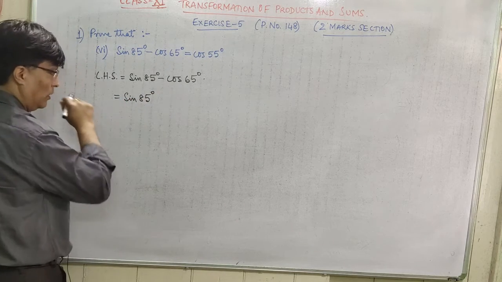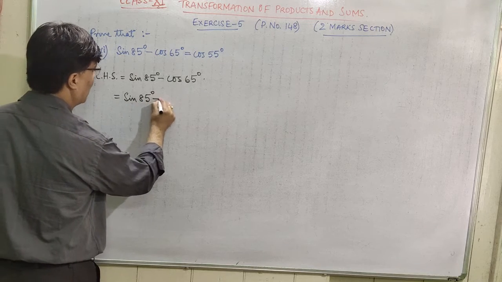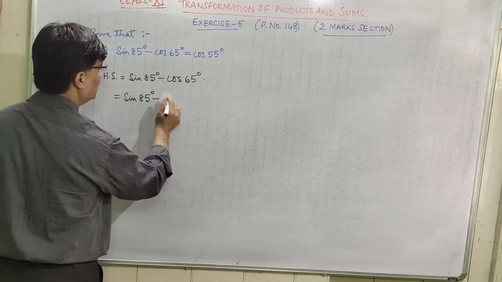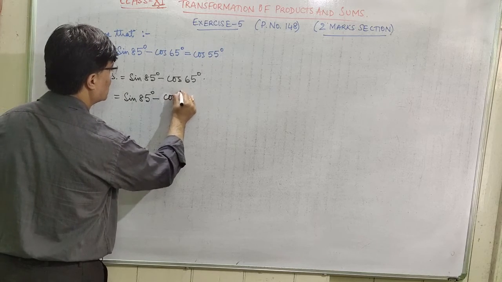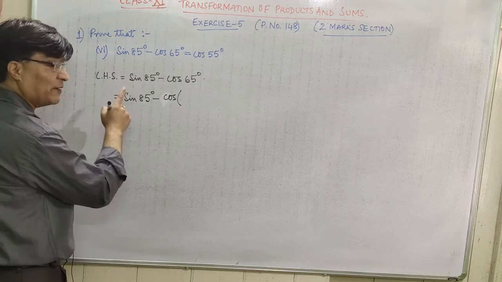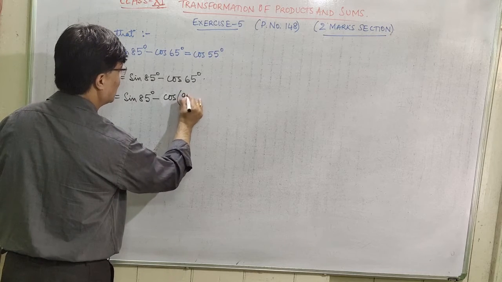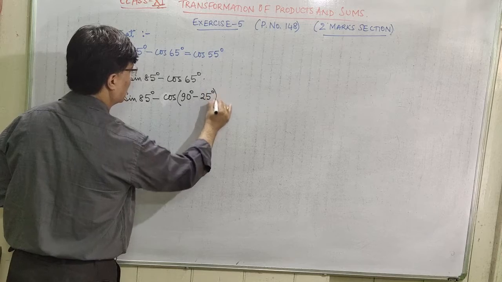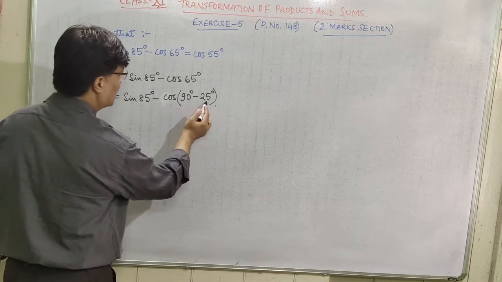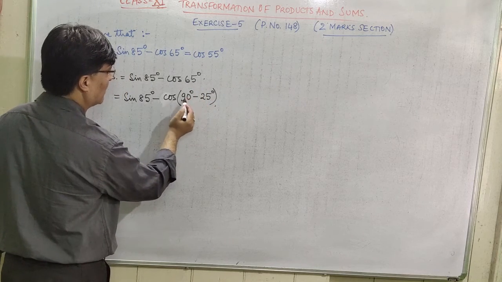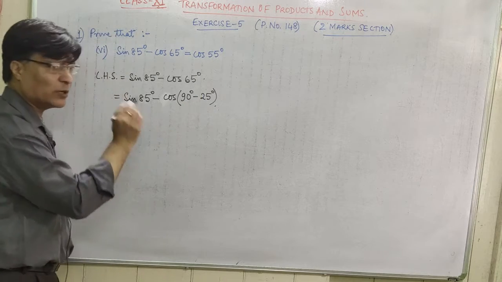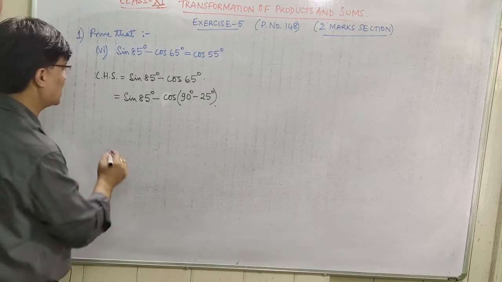That is sin 85 degree minus cos 65 degree. How will you write it? 90 degree minus 25 degree. So 90 minus 25 is 65, right?